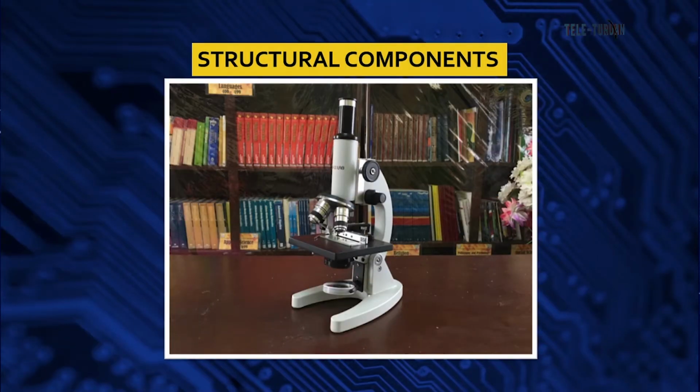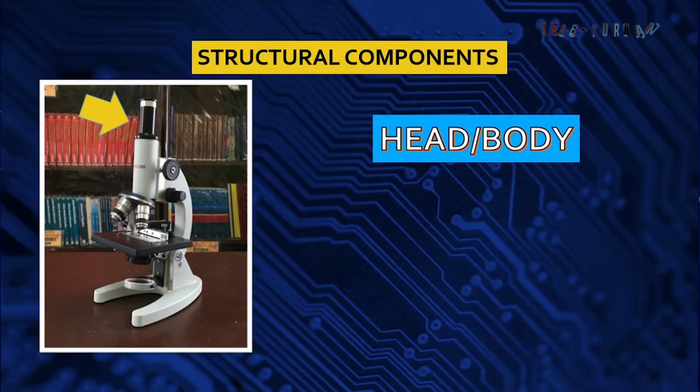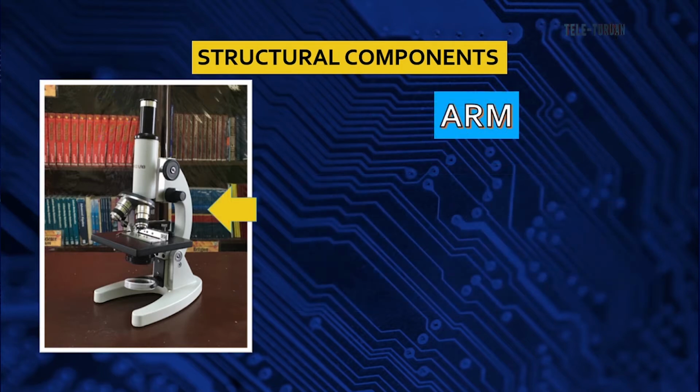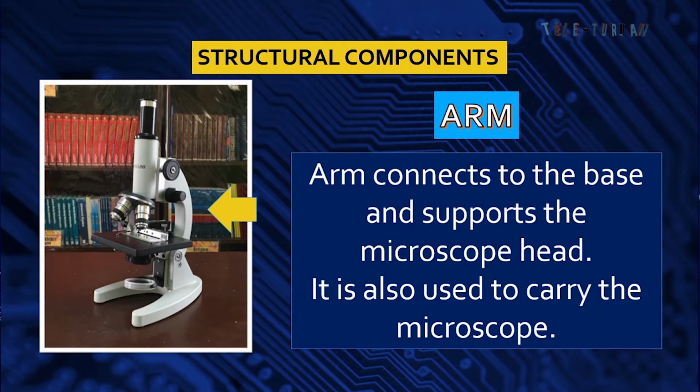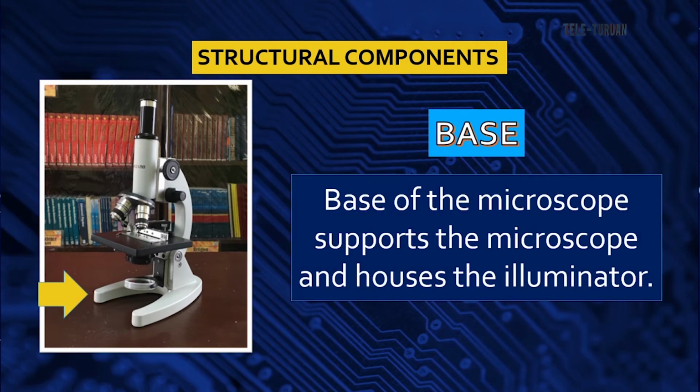The three basic structural components of compound microscope are the head, base, and arm. Head or body houses the optical parts in the upper part of microscope. Arm connects to the base and supports the microscope head. It is also used to carry the microscope. Base of the microscope supports the microscope and houses the light source.